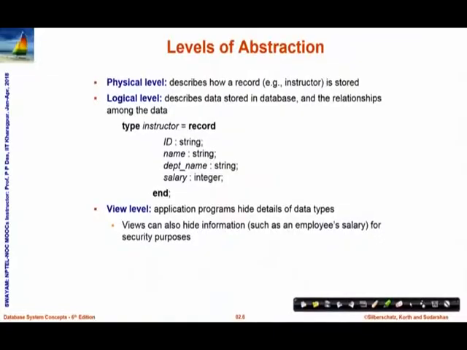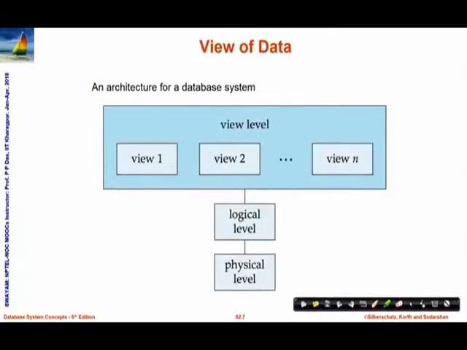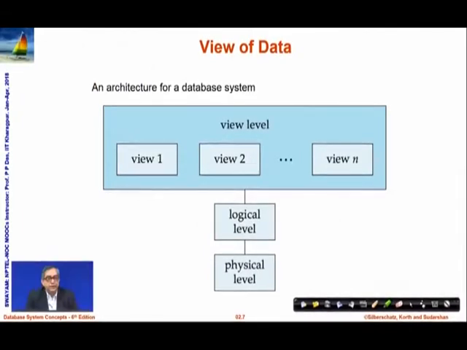These three levels form the basic structure, the architecture, of a database system. As you can see, using the physical level, the logical level of records is formed. The physical level typically is in terms of database files, is binary in nature, the organization of those files. The logical level deals with the records and the different fields of the records, the schema of the database and so on.